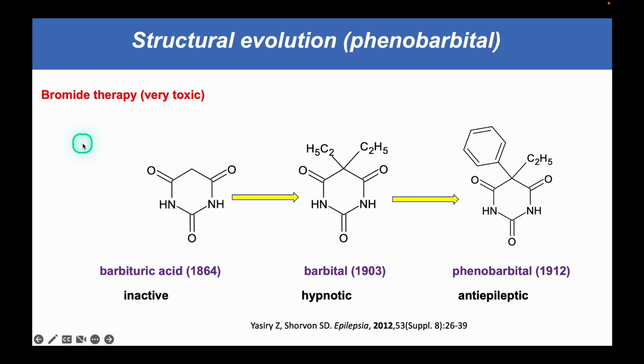Before the creation of phenobarbital, bromide salt therapy, which is very toxic, was used. Barbituric acid was synthesized in 1864, which by itself is inactive. Subsequently, barbital was created, which is primarily a sleeping aid, and with the idea of continuing to obtain drugs with sedative activity, phenobarbital was generated.